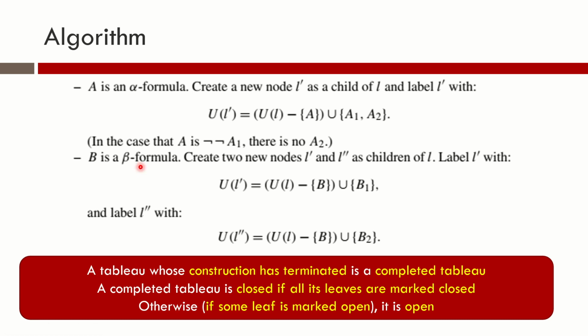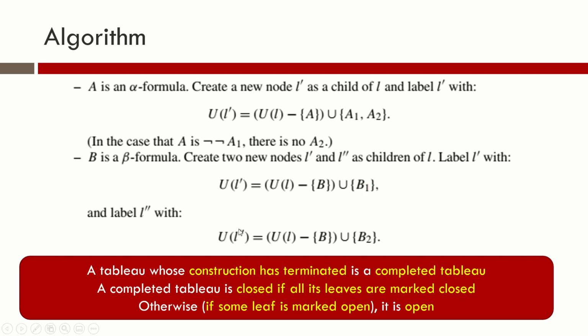Now, what will we do if it is a beta formula? If it is a beta formula, we create two children. We create two new nodes, L dash and L double dash, as the children of L, and we label L dash with the set of all formulas in the parent node minus the beta formula that you have chosen to decompose, and to that you add B1.